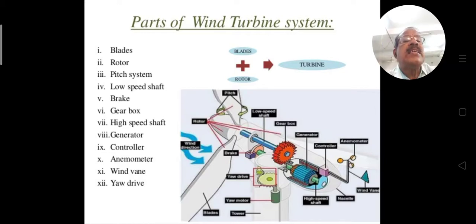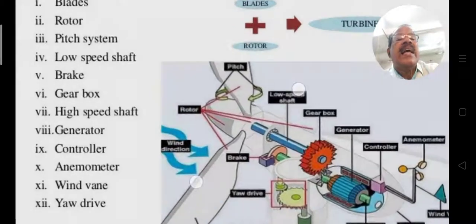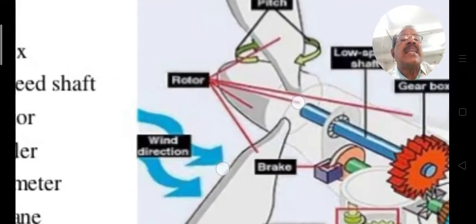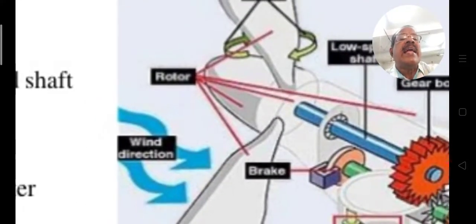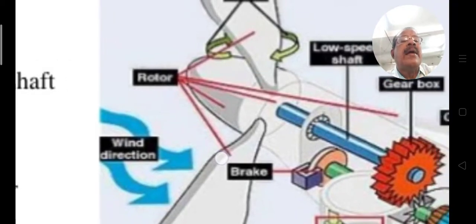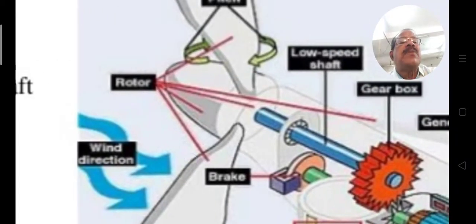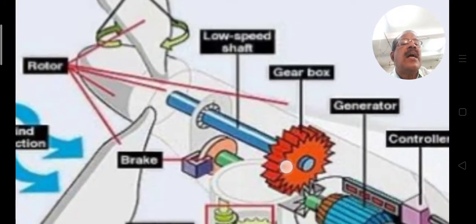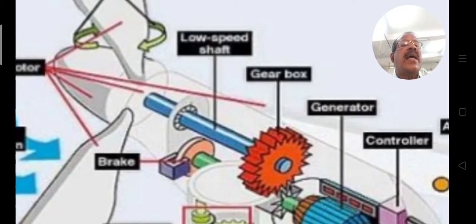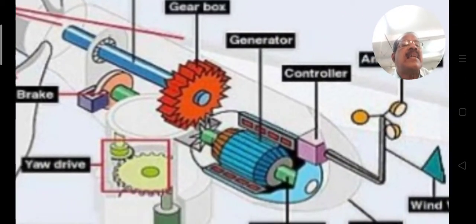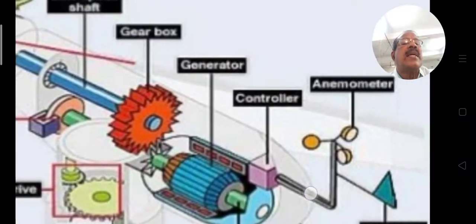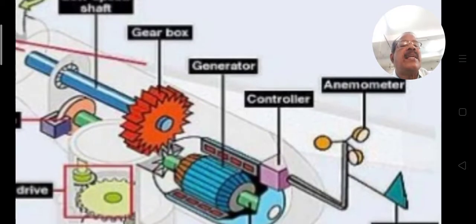Here in this diagram, the blades: a 3 blade system is there. The rotor is connected to the end of the blade system, and the low speed shaft is connected to the gearbox, and the gearbox is connected to a generator. Here is a speed controller, and the anemometer is connected.